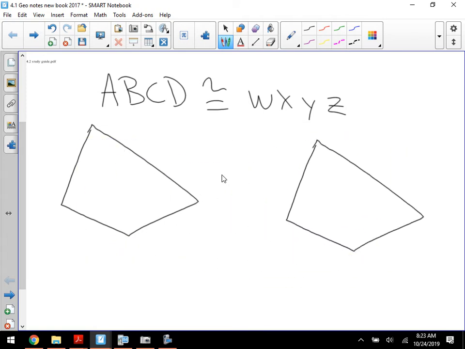I tried to make it look like nothing. What I'm going to do here is build it in, and I'm going to start with A, B, C, and D. And it's going to match up with the other figure, W, X, Y, Z.